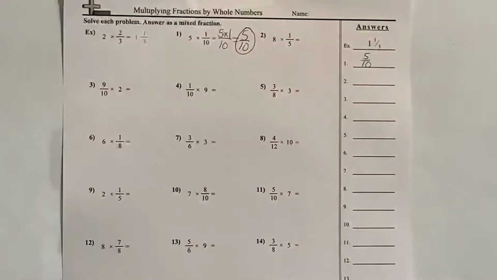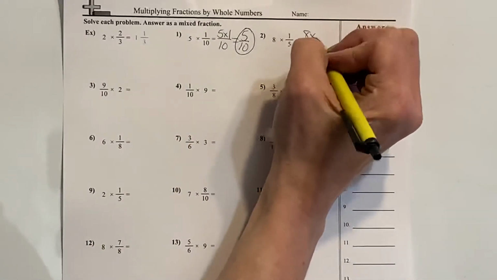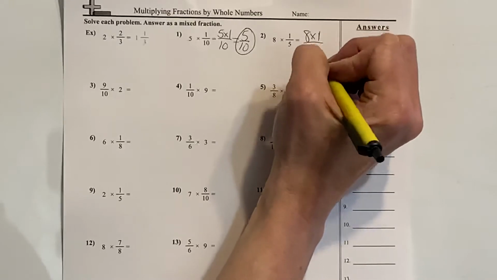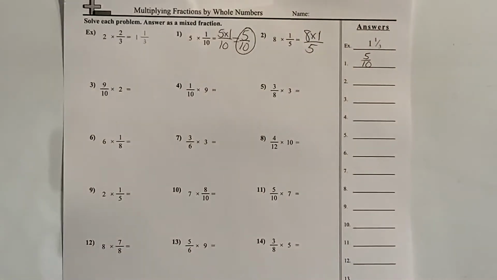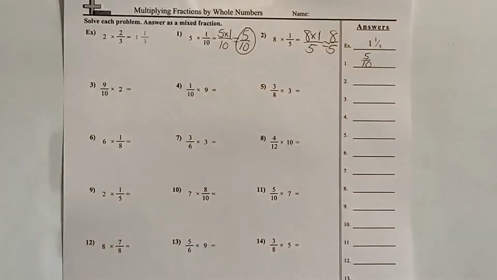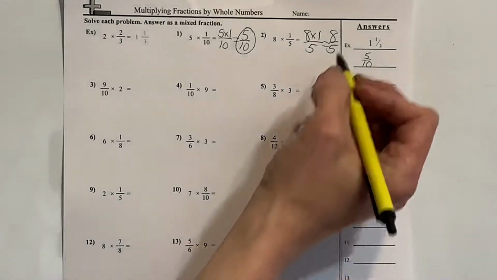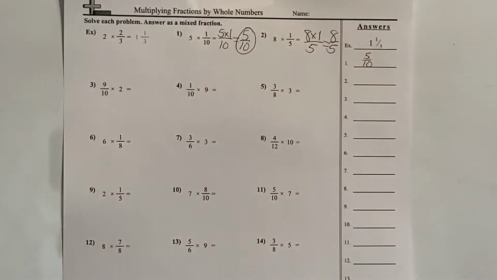If we wrote out 8 groups of 1/5, we would have 8 times 1 over fifths, since we're counting by fifths. That is the same as 8 fifths. Now we know that when we have an improper fraction, where the numerator is greater than the denominator, we have to change it into a mixed number.